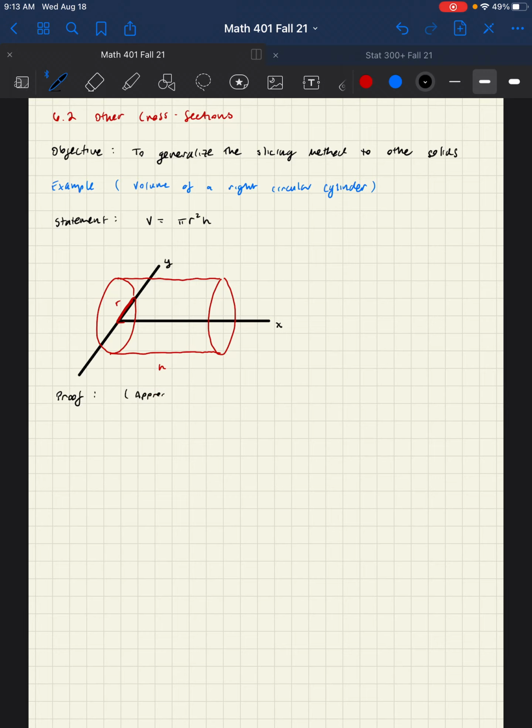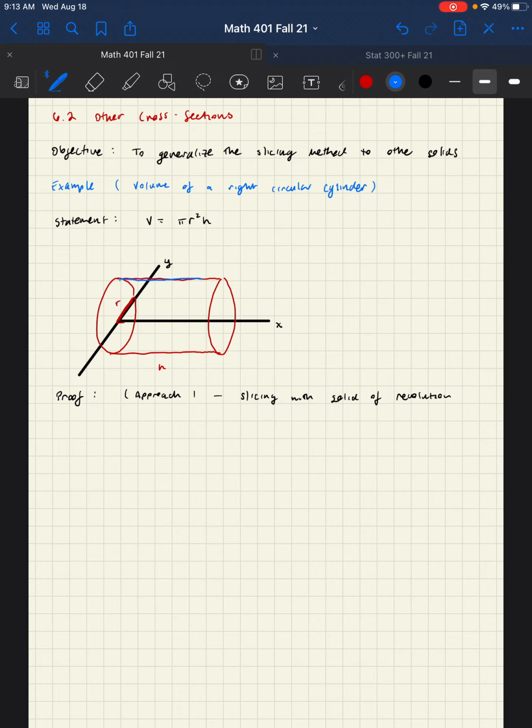So we'll call this the proof by approach 1. In our first approach, we're going to use the slicing method. So we're going to think of this as a solid of revolution. Slicing with a solid of revolution. And how is that?